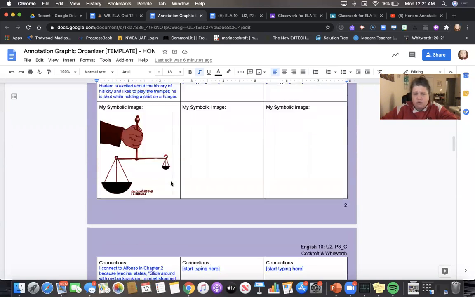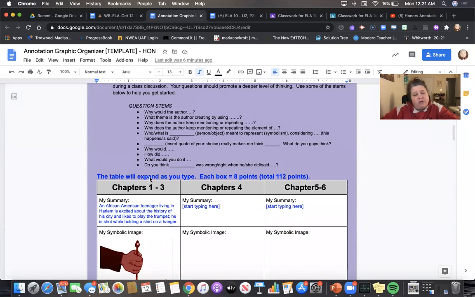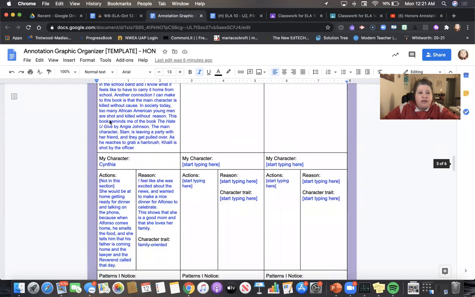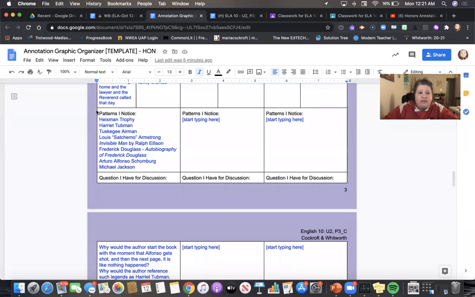So we're going to look at an example. Remember, just like in the other videos, you're doing each of these things at the top of the paper for each chapter or each section that's assigned, okay? So I'm going to scroll down. You can see we've already done this work to get to patterns I notice. So when I was reading chapters 1 through 3, I noticed he referenced the Heisman Trophy.